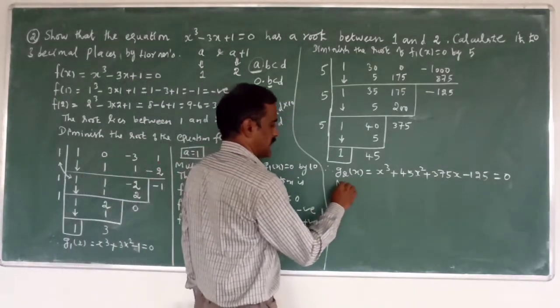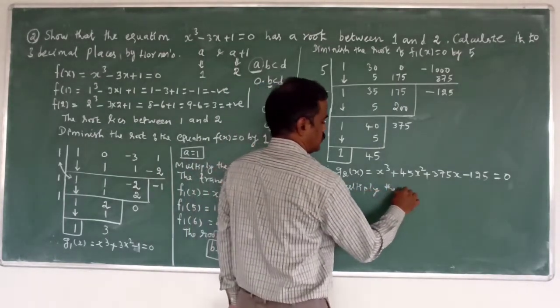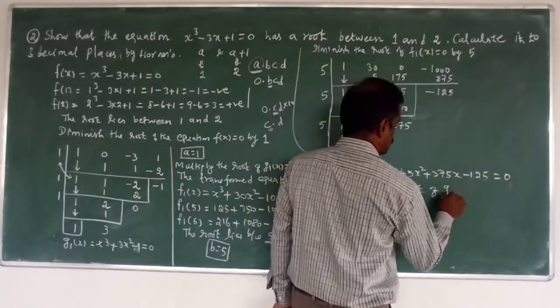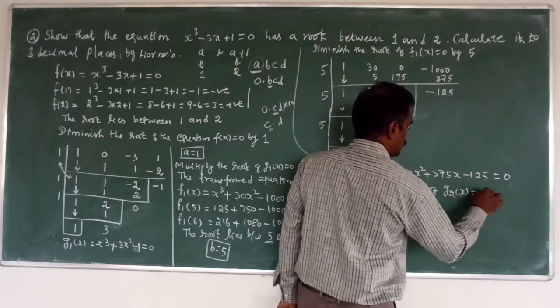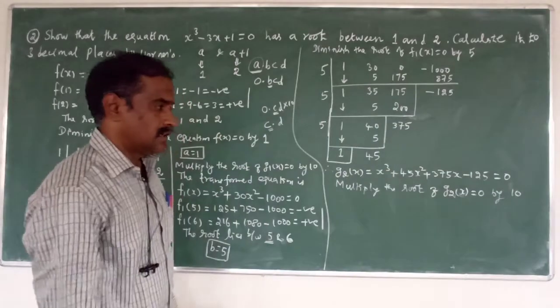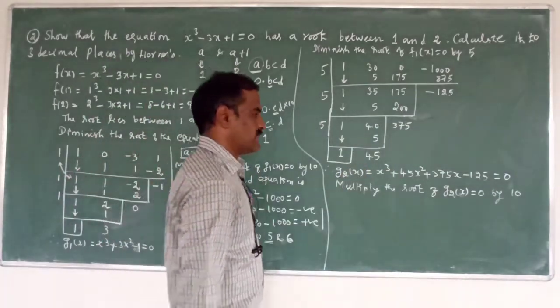For that, multiply the roots of g2 of x equal to 0 by 10. Now g2 of x, you have to multiply with the 10.